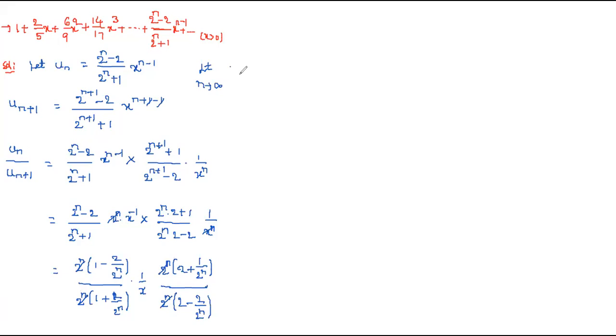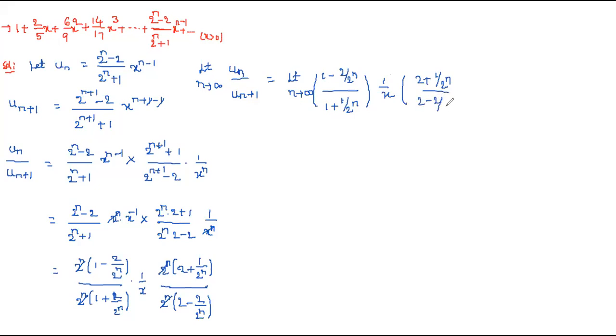And now we have limit n tends to infinity un by un plus 1. This is nothing but limit n tends to infinity of (1 minus 2 by 2^n) by (1 plus 1 by 2^n) into 1 by x into (2 plus 1 by 2^n) by (2 minus 2 by 2^n). Since we already know that limit n tends to infinity r^n is equal to 0 if r is less than 1, here r is 1 by 2, which is less than 1.